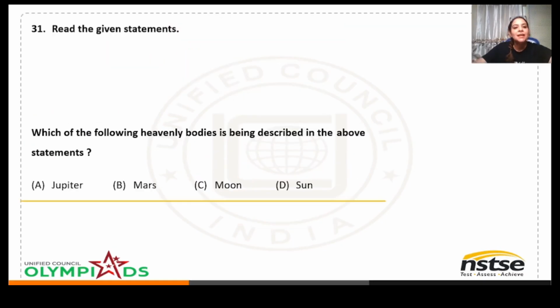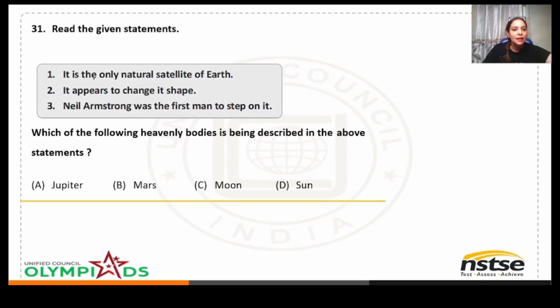Next question says, read the given statements. It is the only natural satellite of Earth. It appears to change its shape. Neil Armstrong was the first man to step on it. Which of the following heavenly bodies is being described in the above statements? Now, let me tell you something about the solar system. What do we mean by solar system? Solar system comprises the sun, and we have planets revolving around it, right?